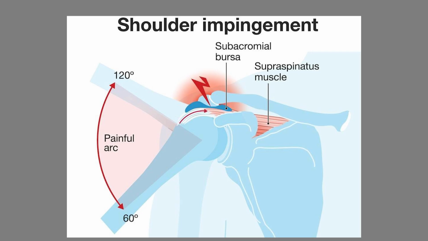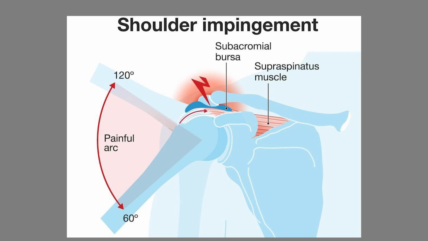Very important for our overhead athletes, people that use rackets in sports, even basketball players, anyone that's lifting their arm overhead. We even have workers that do painting. Anyone with activity that involves lifting or overhead work may encounter issues with their rotator cuff muscles.